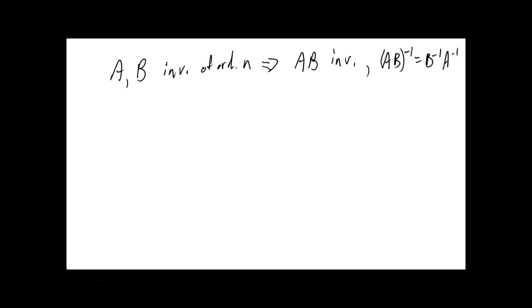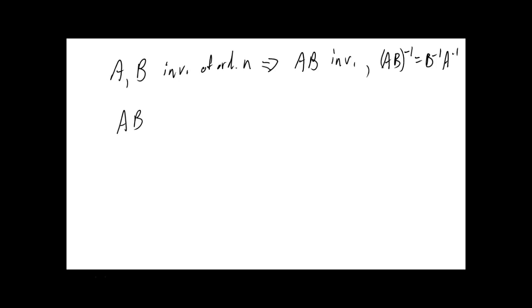But if we show this is true, then that does show they're invertible. So here's how they do something like that. A and B are both invertible. Now, we're saying that AB is invertible also, and that its inverse is B inverse A inverse.